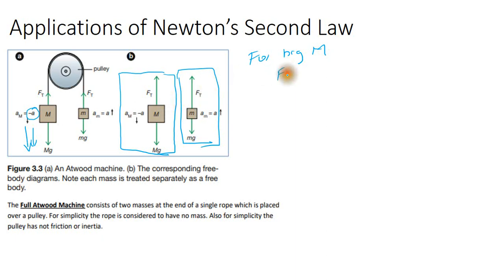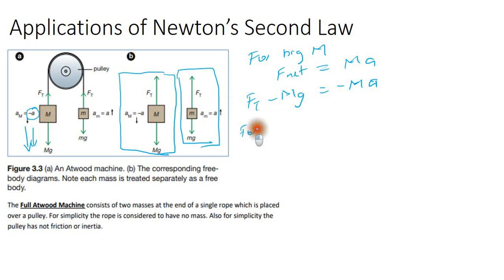Net force is equal to mass times acceleration, so our net force is going to be our tension force minus Mg, and this is equal to negative M times a. Why I say negative is because big M is the one that is going to bring the system downwards, and that acceleration is actually negative at that point.